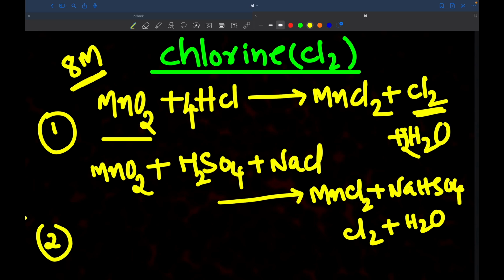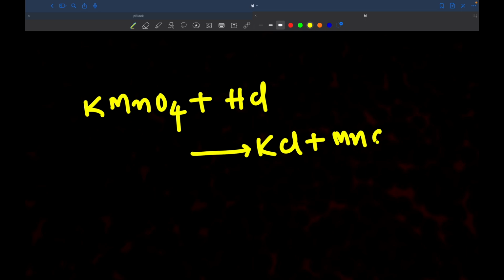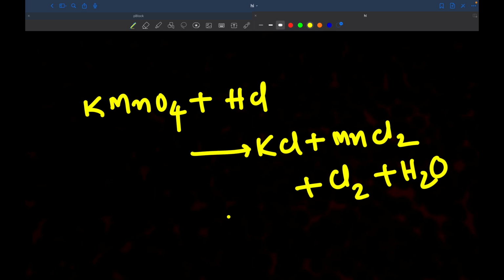The second preparation is KMnO4, potassium permanganate, reacting with HCl and producing KCl plus MnCl2 plus Cl2 plus H2O. This reaction can also be balanced.